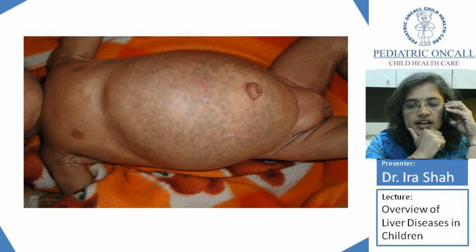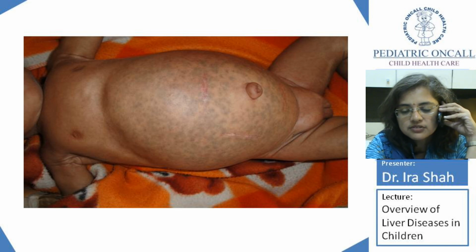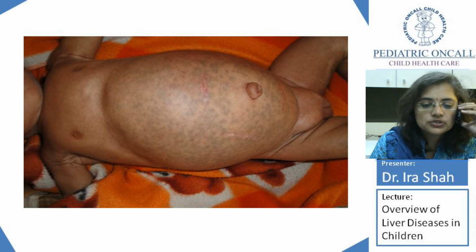So this child has organomegaly because it's in the upper quadrant, so probably it's a hepatosplenomegaly, and these are blueberry muffins. Organomegaly with blueberry muffins, first thing is congenital syphilis. Second is GM1 and GM2 gangliosidosis. This child had GM1 gangliosidosis. So when you see this kind of a rash with hepatosplenomegaly, don't forget storage diseases and syphilis.